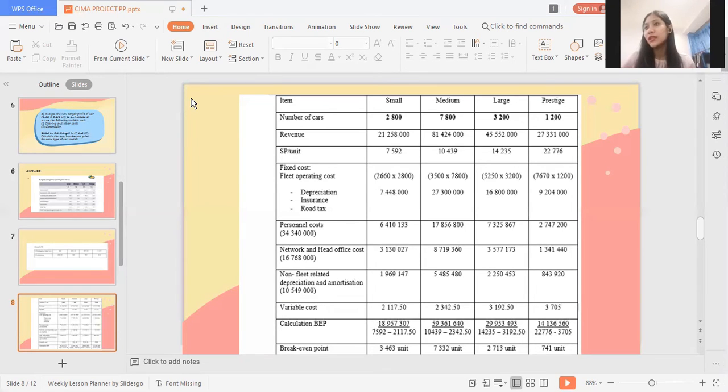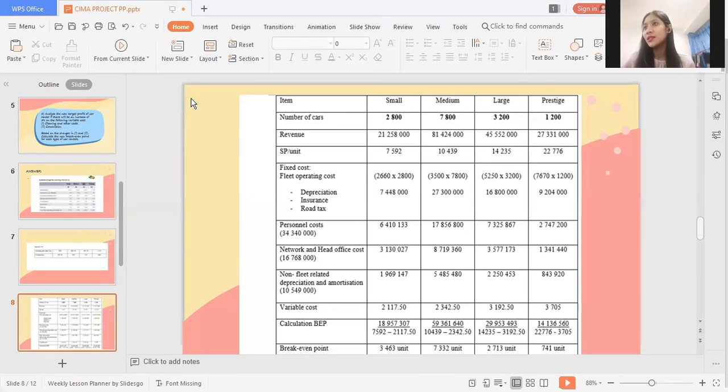So the break-even point for the large is 2,730 units, which we get from the calculation of BEP: 29,953,493 divided by selling price minus variable cost.